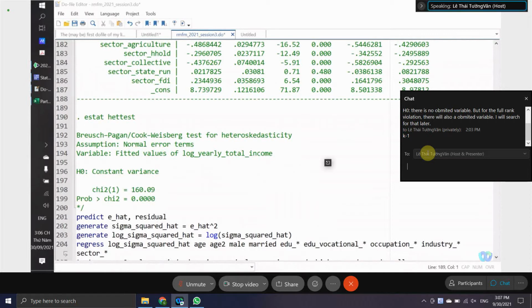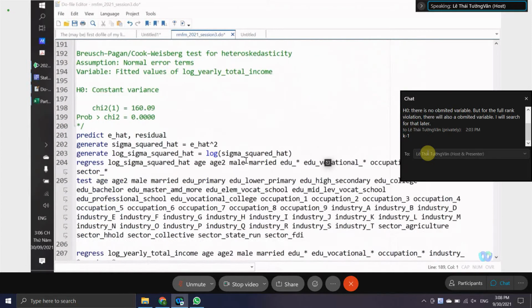So we reject the null because we have to accept the fact that the variances are not constant. They vary from one observation to the next. Is that right? Yes. And if that is the case, then we will have to correct for it, right? Yes. And this is how we correct for it.